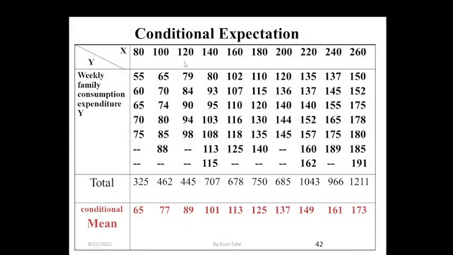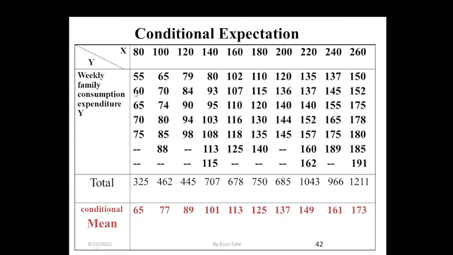For example, to find conditional expectations, if x is there, we have a group of people whose weekly income falls in this range: 80, 100, 120, till 260. Their weekly family expenditure is 55, 60, 65, 70, 75.